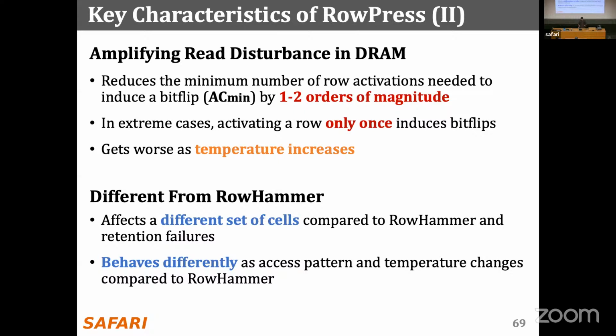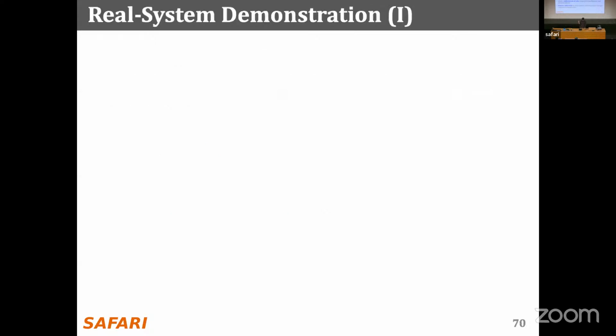A very interesting phenomenon of RowPress is that as you keep increasing the time that your aggressor row is open, up to a certain point, your single-sided RowPress pattern becomes much more effective at inducing bitflips compared to the double-sided RowPress pattern. This is opposite to RowHammer, where a double-sided pattern is always much more effective than the single-sided pattern. So this shows that something underlying is different between RowPress and RowHammer.